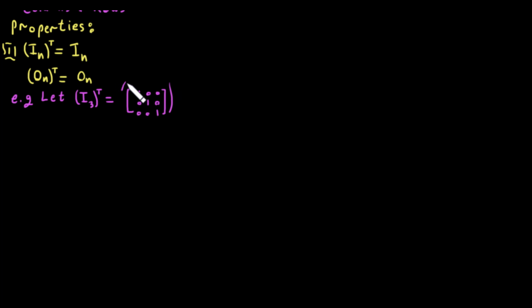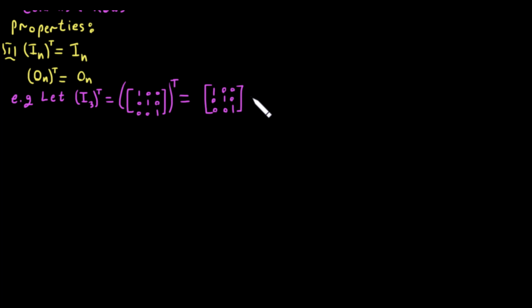So if I want to take the transpose of this, this row will become the first column, so 1 0 0, and here the second row will be the second column, 0 1 0, and the third row will become the third column, 0 0 1.